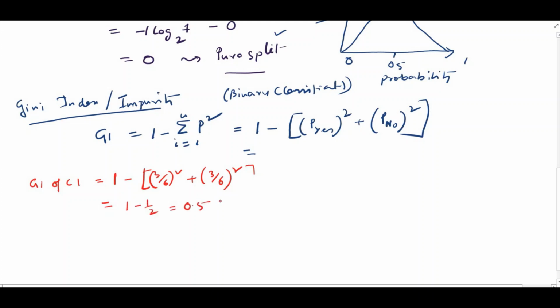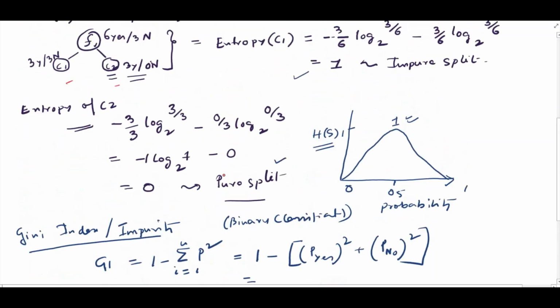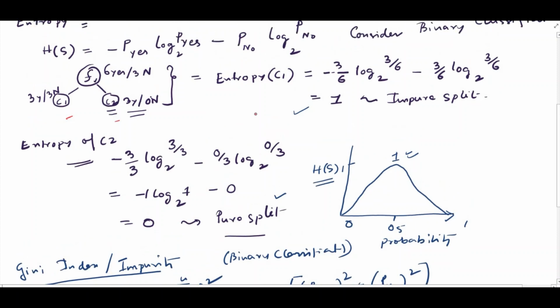Again, what we are trying to understand is that when we have the completely impure split, the value is 0.5, whereas for entropy, the value for the impure split was 1.